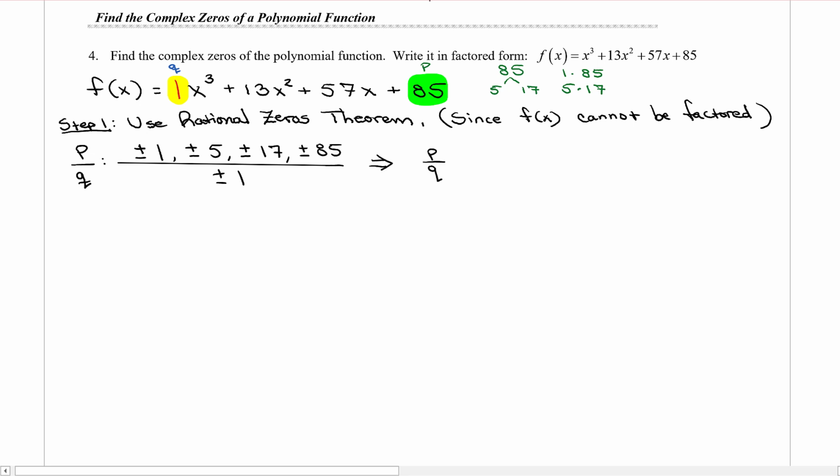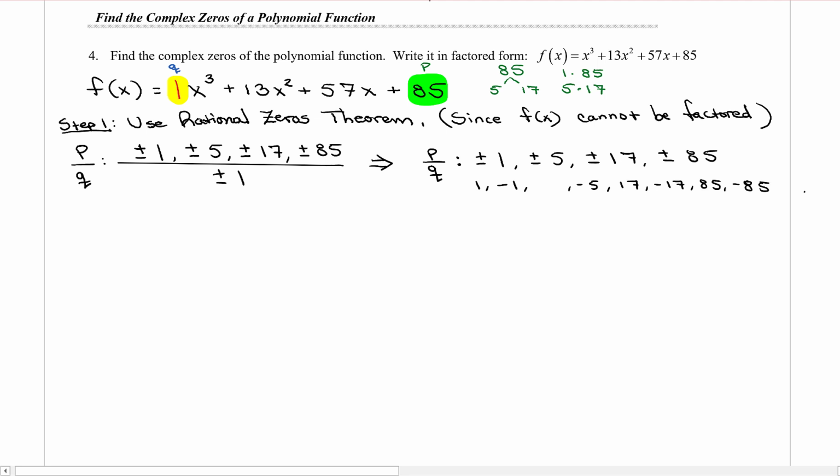That means all the simplified ratios would be positive or negative 1, 5, 17, and 85. This basically means that I'm going to have to try 1, -1, 5, -5, 17, -17, 85, and -85.